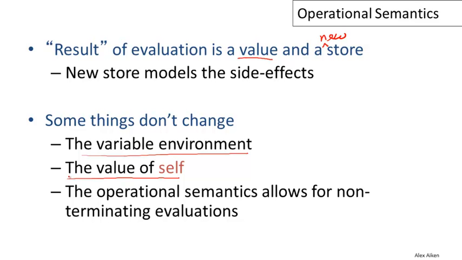So the layout of the object, where the object is stored, doesn't change, and that's all we're saying here. The actual contents of the object, which of course are part of the mapping of the store, might get updated by evaluation. And also, the operational semantics allows for non-terminating evaluations. That's the last point here. Meaning that those judgments only hold on the assumption that the expression actually completes.